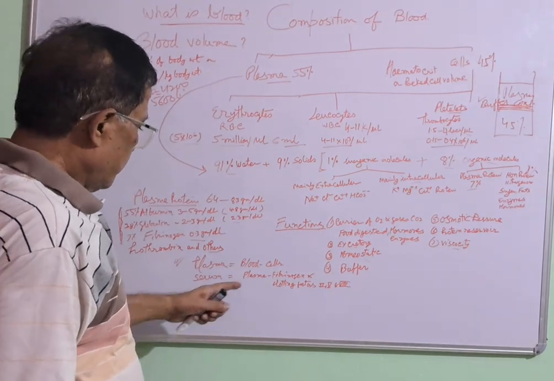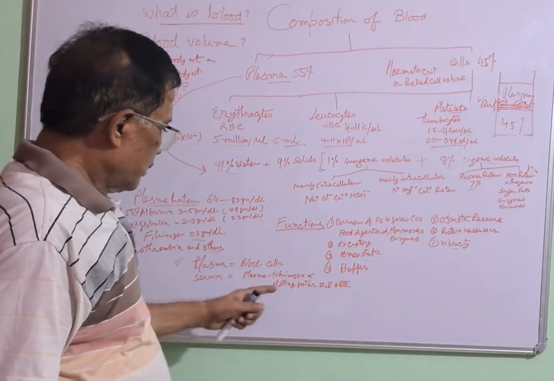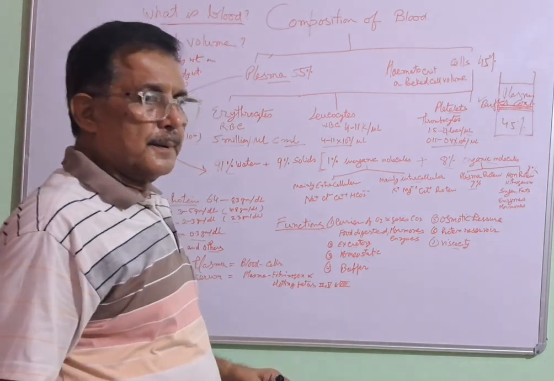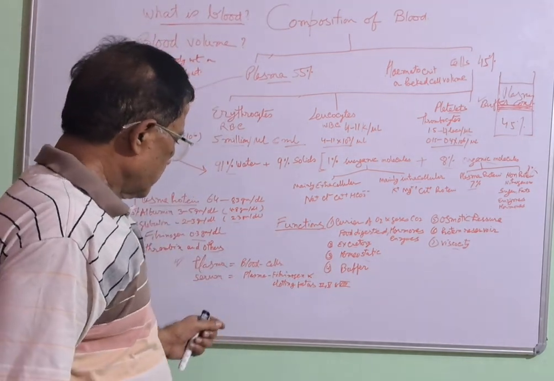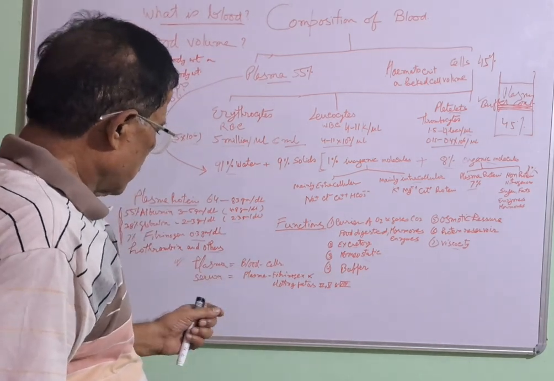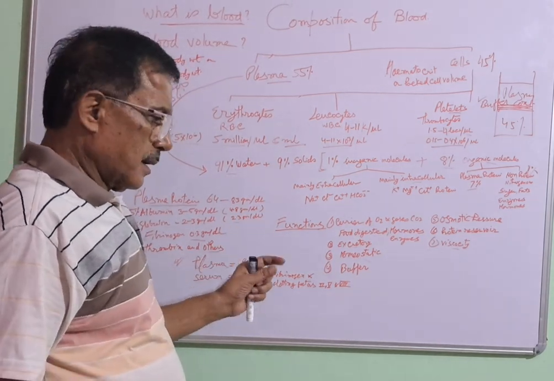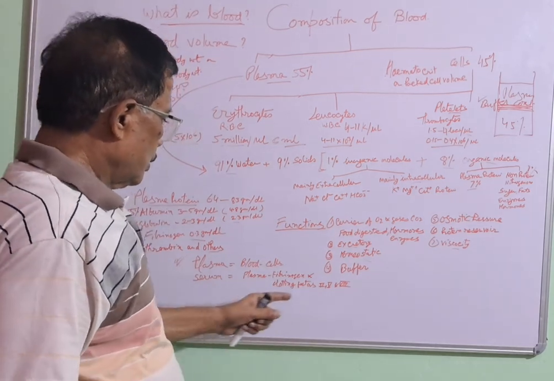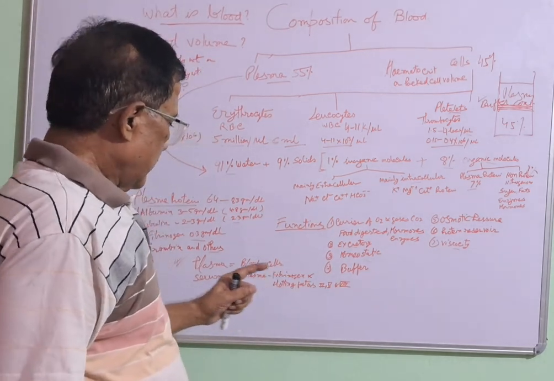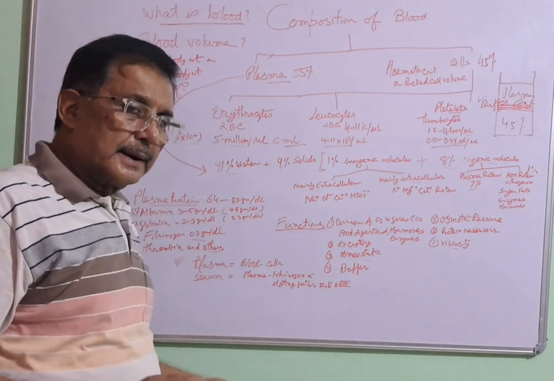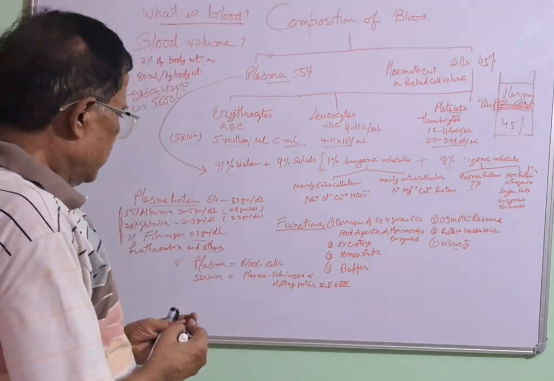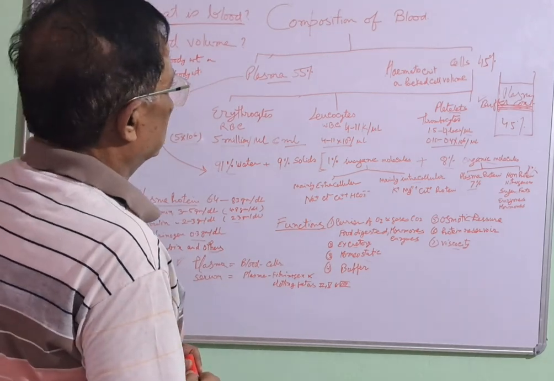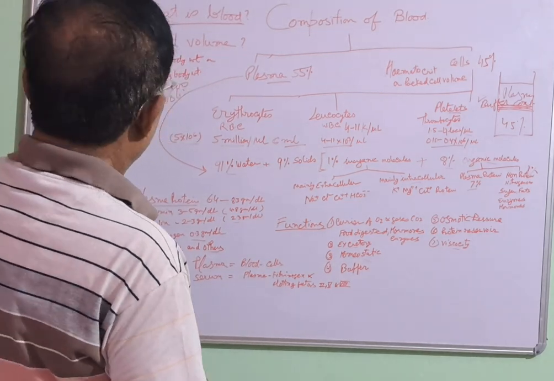Serum is plasma minus fibrinogen and clotting factors 2, 5 and 8. When plasma is allowed to clot, it will consume fibrinogen and some clotting factors 2, 5 and 8. Other factors are present in the serum. This is the difference between plasma and serum.